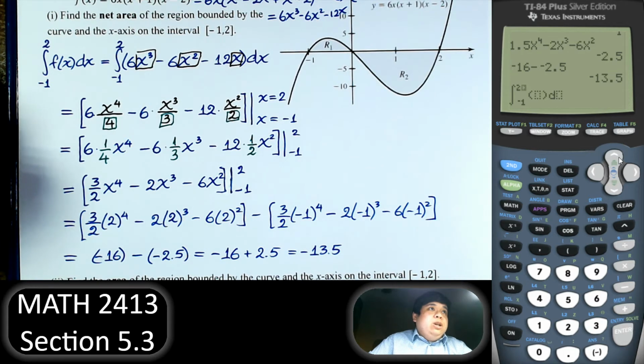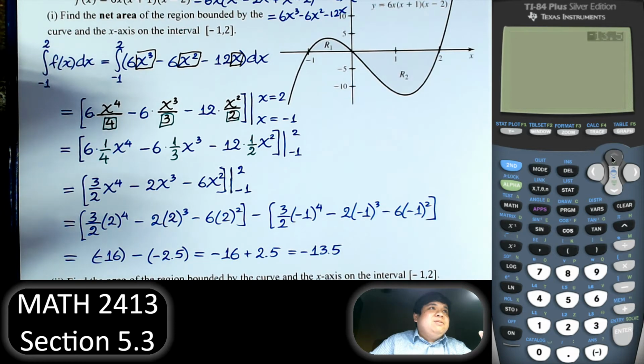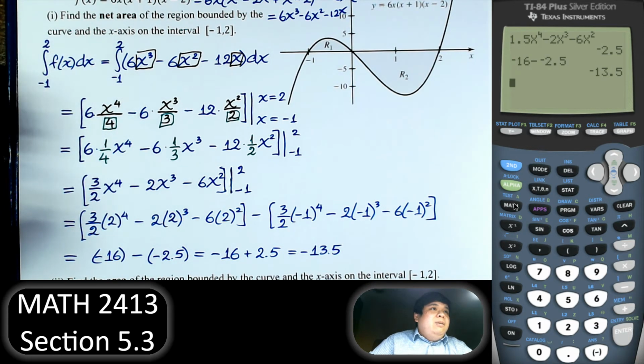Let's see if we can do this. Sorry, that's not what I meant. Let's try again. Math number 9. That goes from -1 to 2. I try to paste the function here.